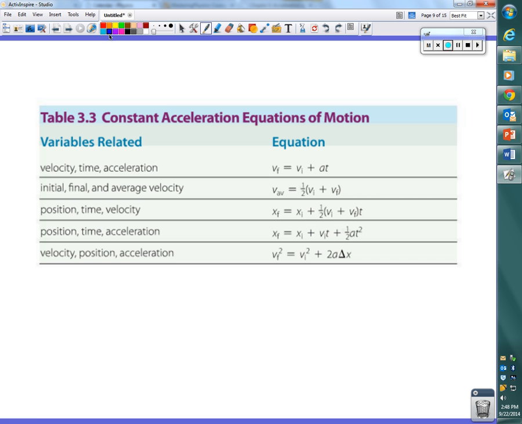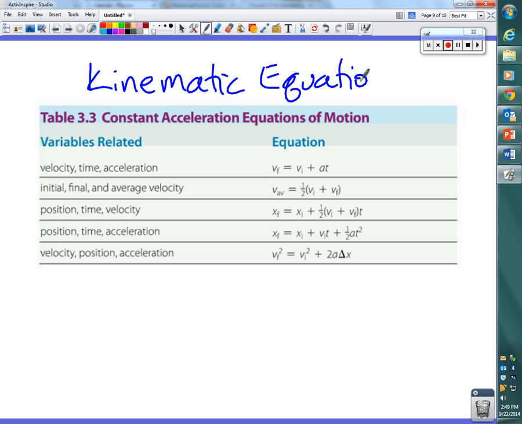Depending on which book you read, sometimes you will see these referred to as kinematic equations. Why? Because they just tell us what's going on, but not why it's happening. They relate all of the things that show up in our descriptions of motion and how if we change one, other things change, etc.